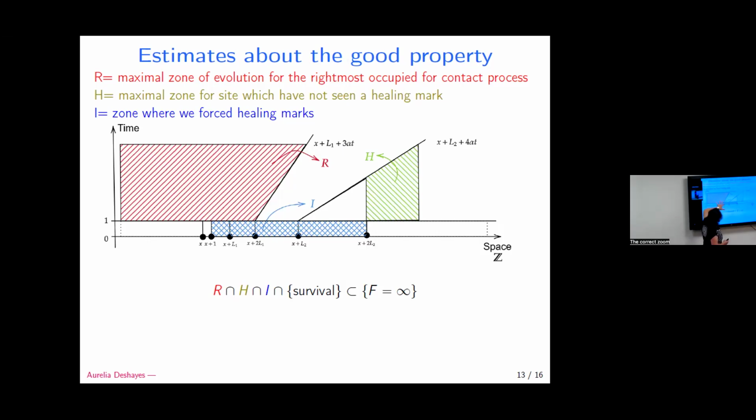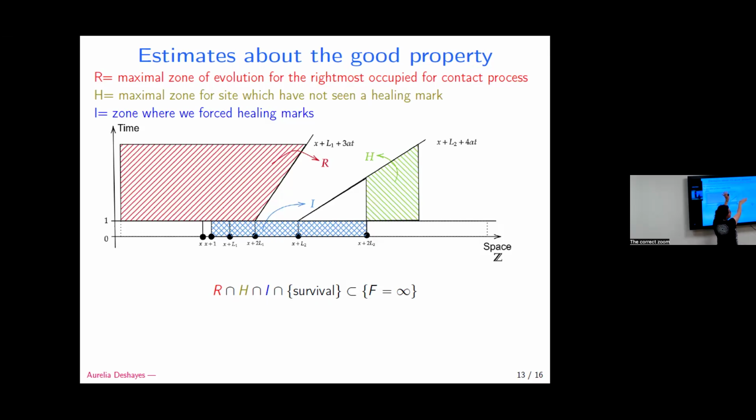So here you know that SPONT and IS are smaller than the contact process. But the contact process is linear. So in fact, SPONT and IS are constrained to this zone with high probability. And then you can make the green zone the zone where sites have not seen a healing mark.